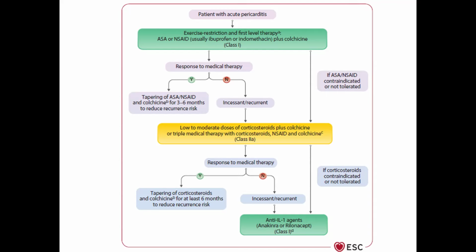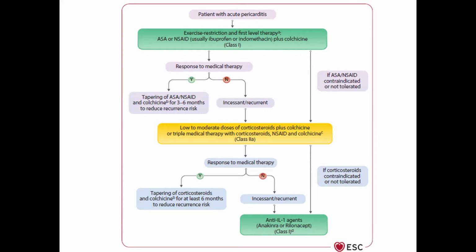This is the second step. The first step is aspirin, NSAID, colchicine. If he doesn't improve, you add either steroid plus colchicine or triple therapy, and then you assess the response to treatment. If you respond to treatment, you start to taper your steroid. Colchicine will continue for at least 6 months.